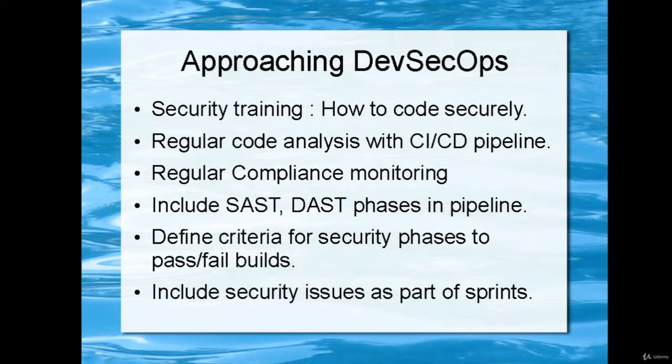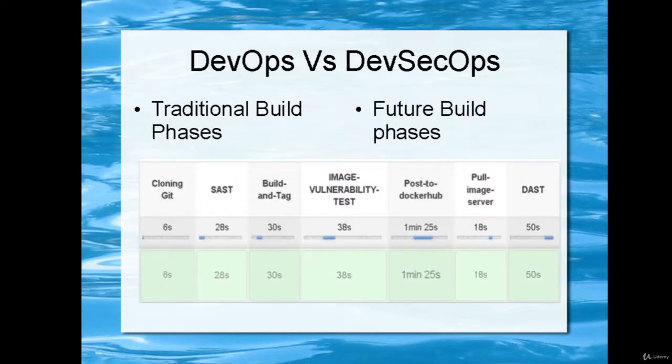etc. Now here we can define certain criteria on which the build can pass or fail. So in all the phases, we can define the criteria like how the build can pass from one phase to another. So in SAST we may define that if our vulnerabilities are more than 2 or 3 which are critical, it should not pass and the build should fail here.